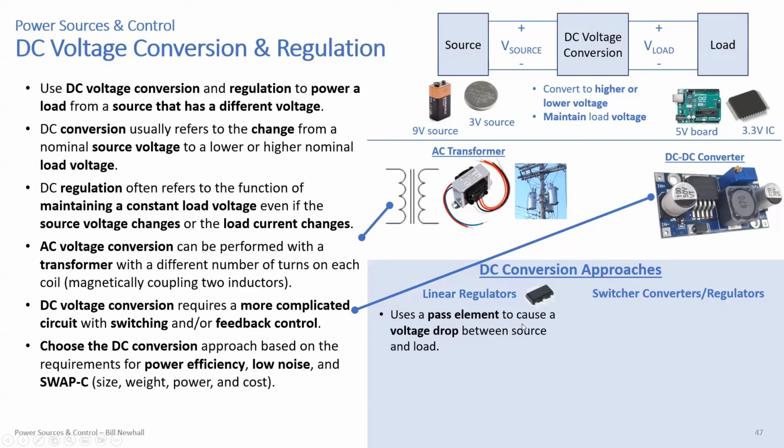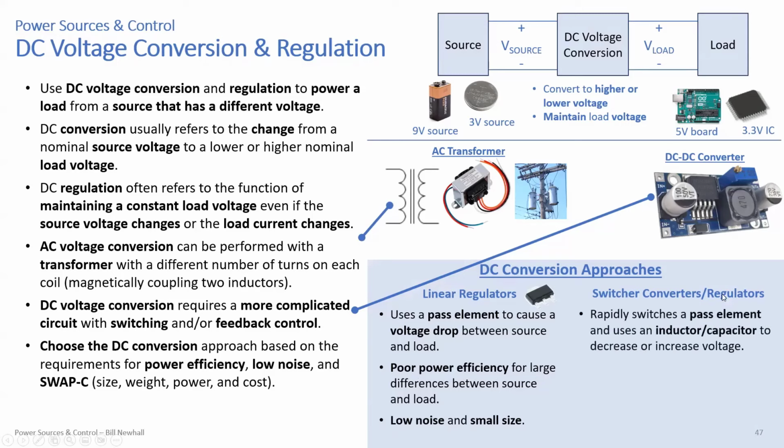Because they cause a voltage drop and have current through them, they dissipate power, and they can have poor power efficiency if you have a large difference between the source and the load voltages. So that's a downside, but the upside is that typically they're low noise and small in size.